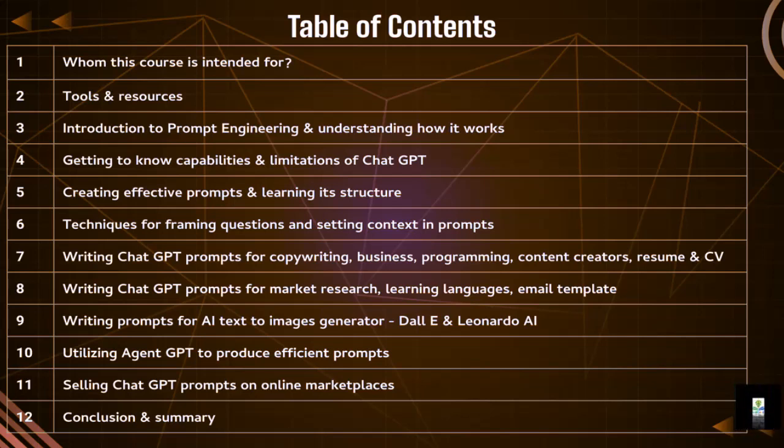And without you even realizing, your expertise in prompt engineering is actually a high demand skill set, guys, and the products that you created, the prompts that you designed, are actually high demand and valuable products to be sold. So that's what we're going to learn in chapter 11.